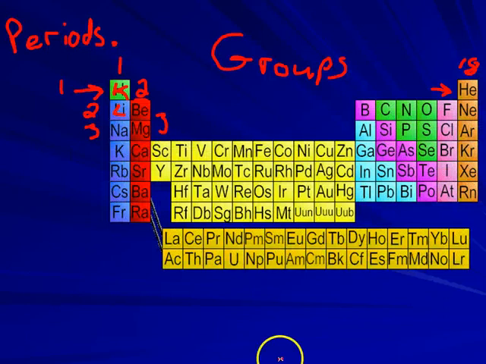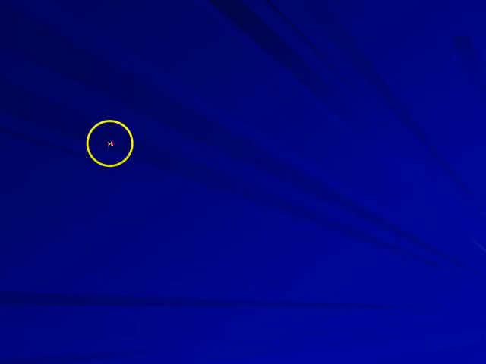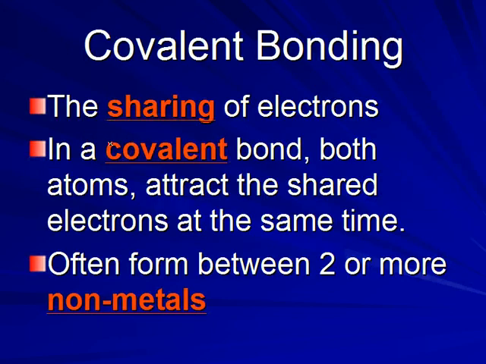So let's back up to here. Remember, we talked about how you can have metals and nonmetals. Typically, in a periodic table, things over here tend to be your nonmetals. Things like oxygen, fluorine, chlorine, argon. Things over on this side tend to be your metals. So it forms between what? If we go to the next slide, it forms between 2 or more nonmetals.